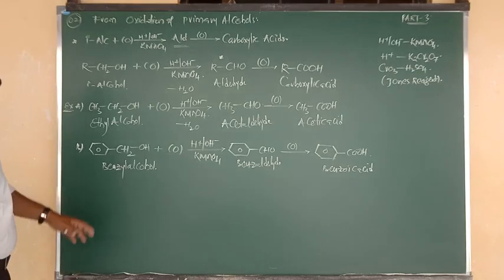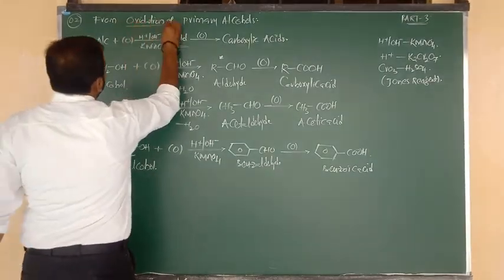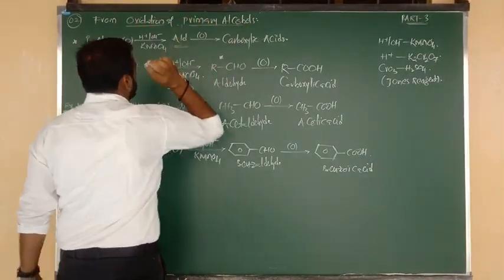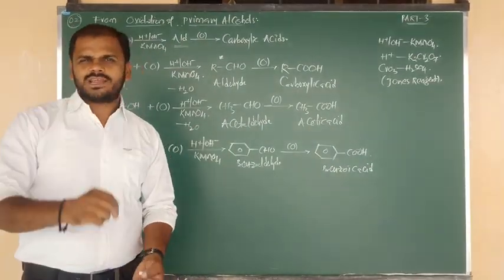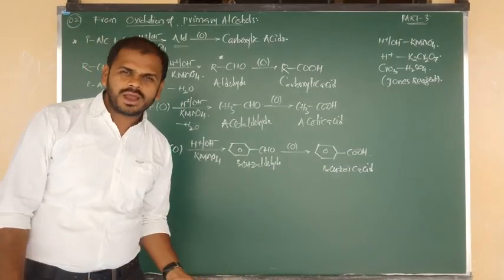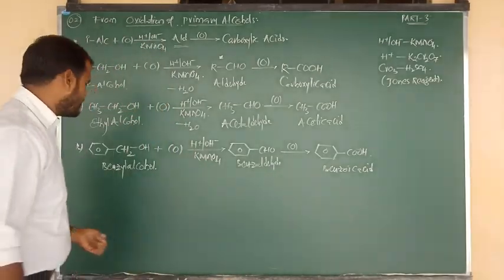Okay, good. On the basis of this topic, oxidation of primary alcohols, inside the NCERT textbook there is one in-text question. That question I am going to write here. Try to think about the answer.